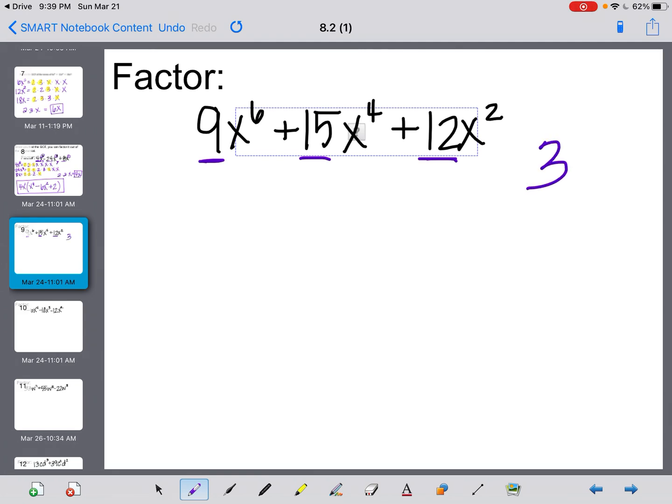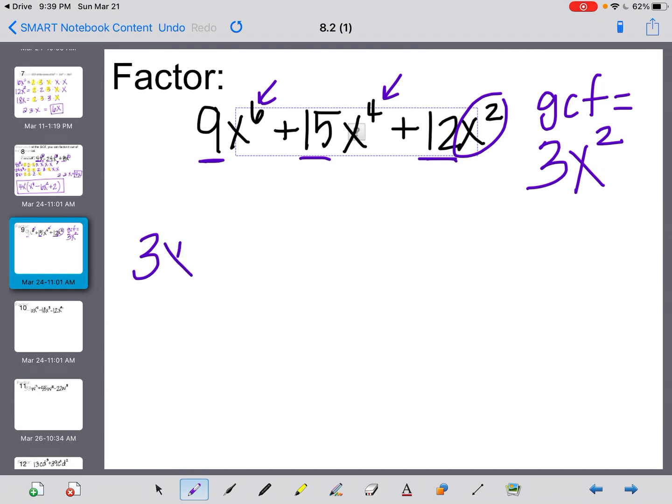Okay, then how many of these variables does each term have in common? Or what is your smallest exponent? Okay, this one has 2 x's, and this one definitely has 2, this one definitely has 2. There'll just be some left over. So you always want to use your smallest exponent. So 3x to the second power is actually our greatest common factor.